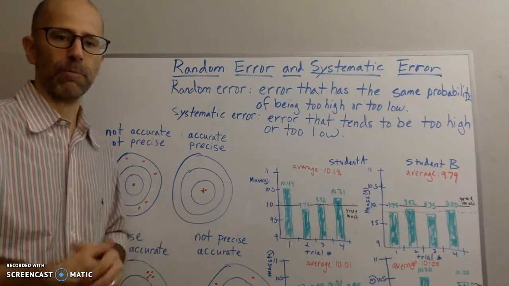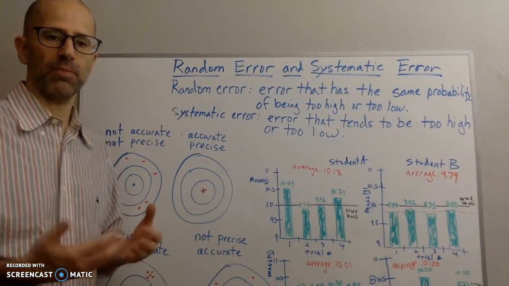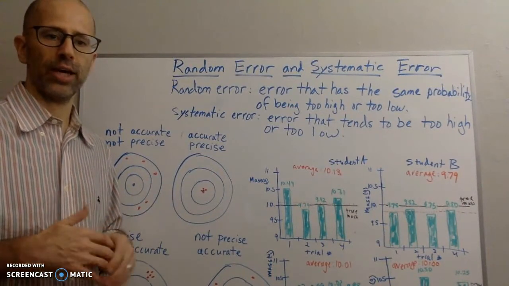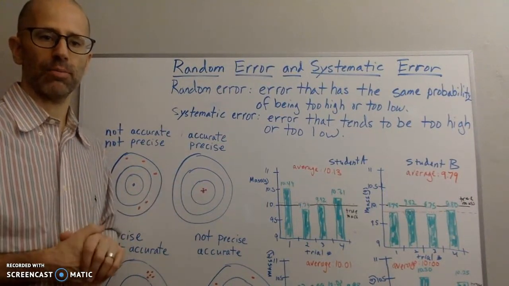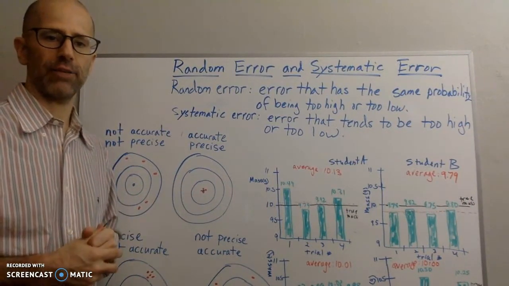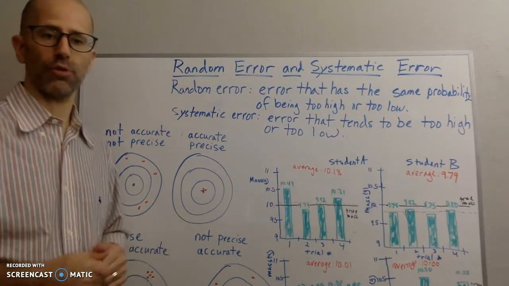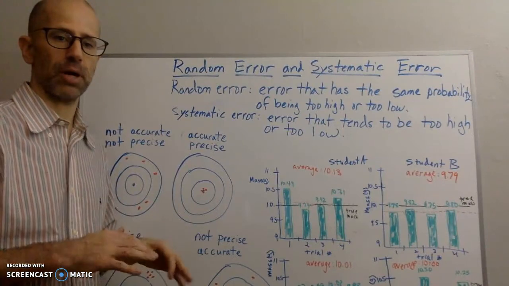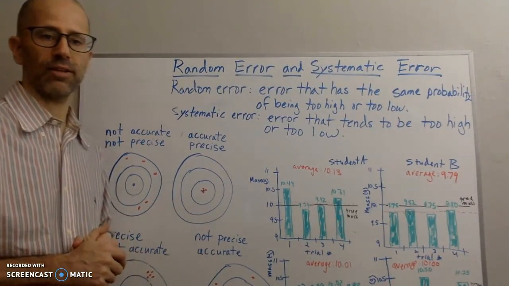So for example, if you've got a really sensitive balance, the wind, or not even wind, air currents, convection currents, things like that can affect the balance. So if you're weighing the mass of something, one measurement might be a little higher than the next one, right?